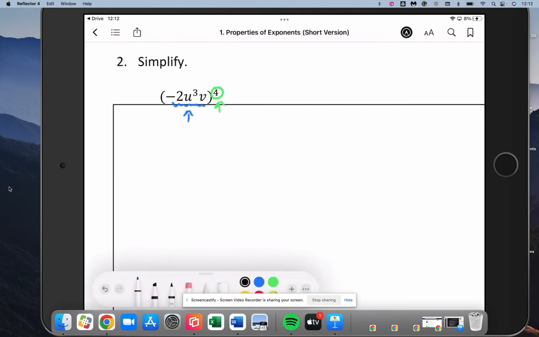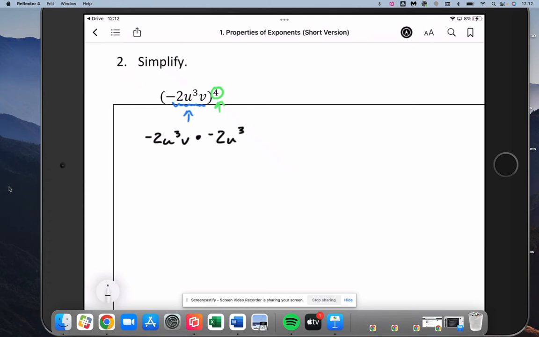So we're going to write it out 4 times. I've got negative 2u to the power of 3v times negative 2u to the power of 3v times negative 2u to the power of 3v times negative 2u to the power of 3v.